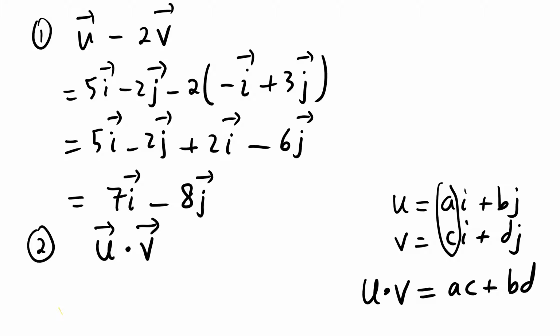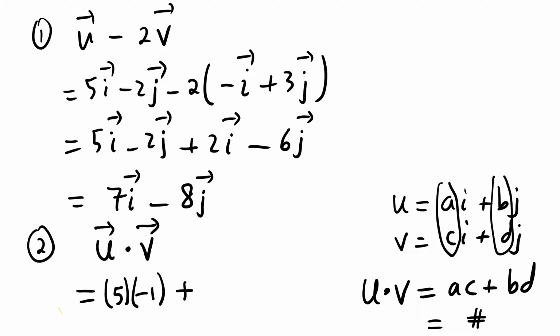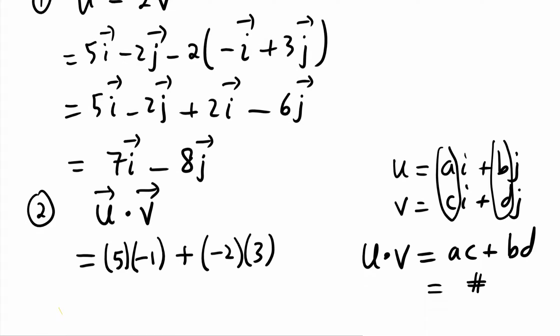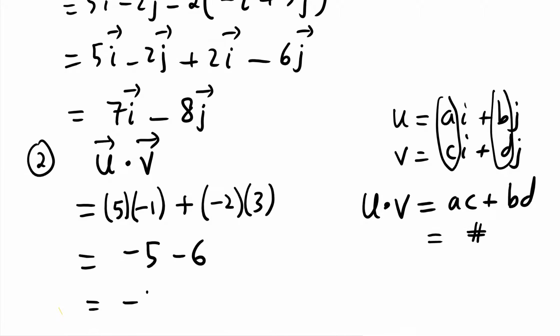You multiply the x's and the y's, and add. No i's, no j's, so you would always get a number here. It's called a scalar. So when I dot it, I multiply the 5 from u and negative 1 from v, plus negative 2 from u and 3 from v. That's negative 5 minus 6, which is negative 11.